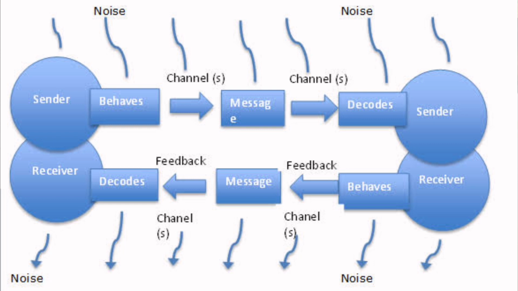Here you can actually see that it's not just confined with two interlocutors, because in this model there can be more than 2 interlocutors already. And you also have to remember that feedback is given freely and deliberately to one another and to all the members participating in the communication transaction.